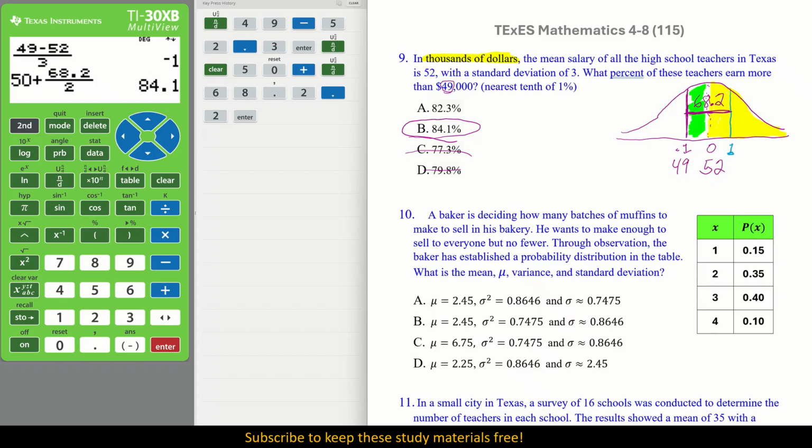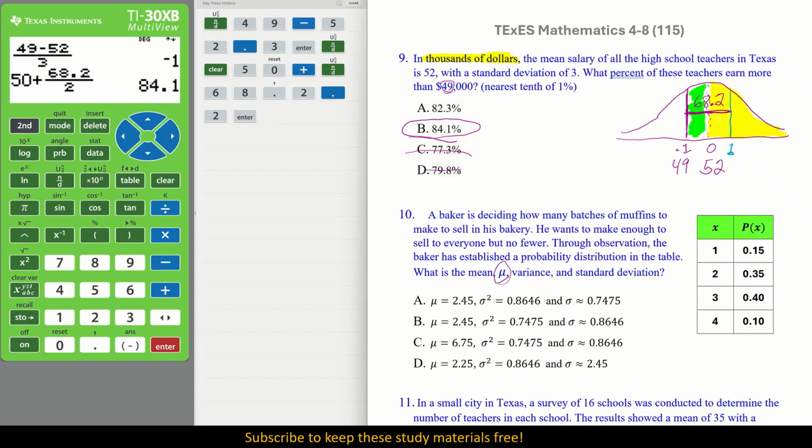A baker is deciding how many batches of muffins to bake to sell in his bakery. He wants to make enough to sell to everyone, but no fewer. Through observation, the baker has established a probability distribution in the table. What is the mean, which is mu?